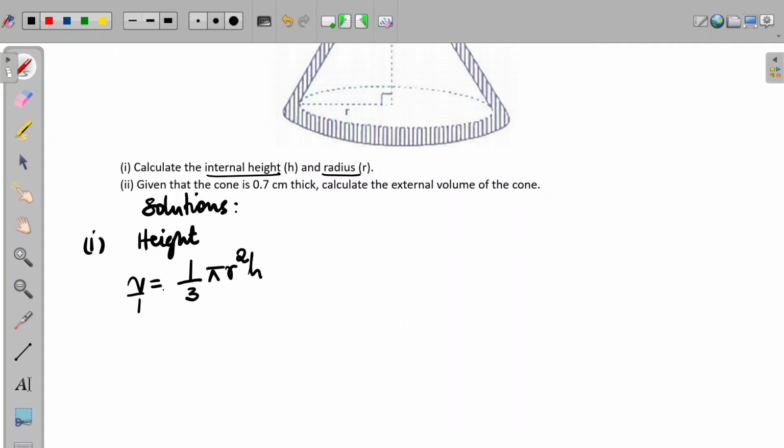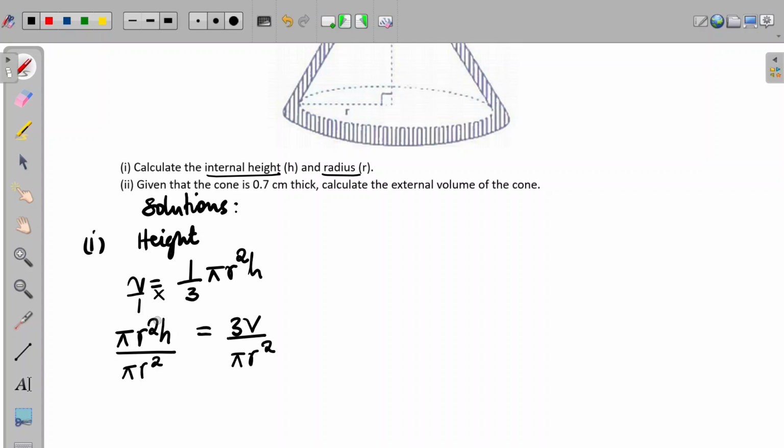So 1 times everything here will get pi r squared height, then volume times 3 is equal to 3 times volume. To get h, we divide by pi r squared, even here we'll divide by pi r squared.